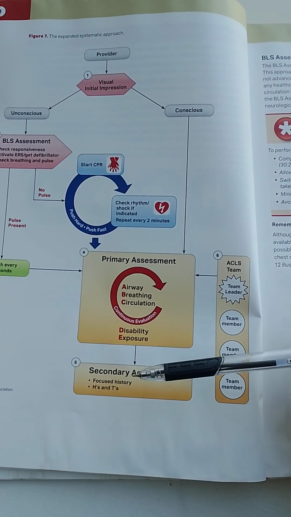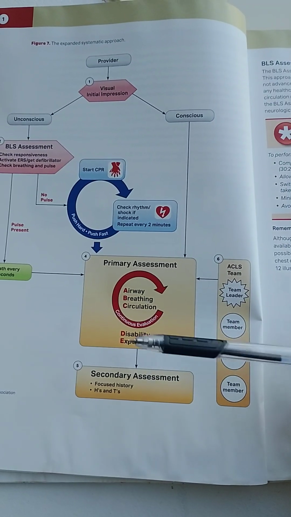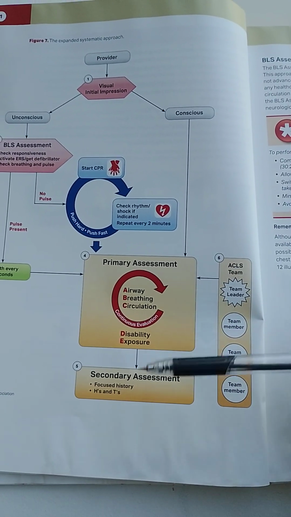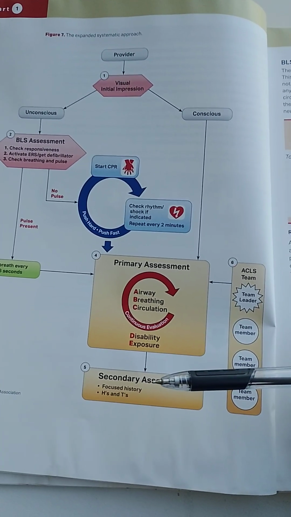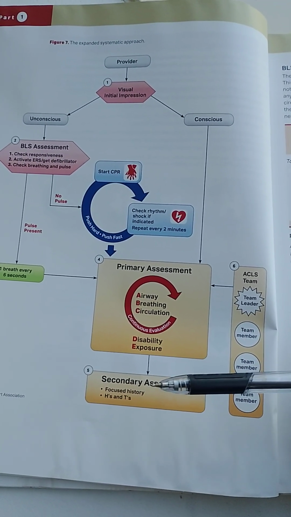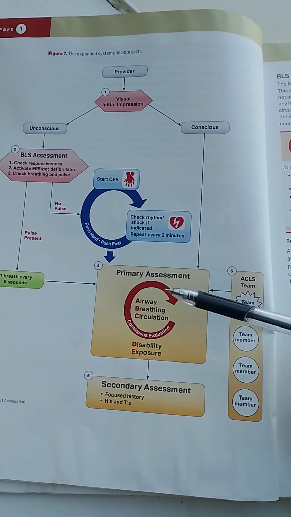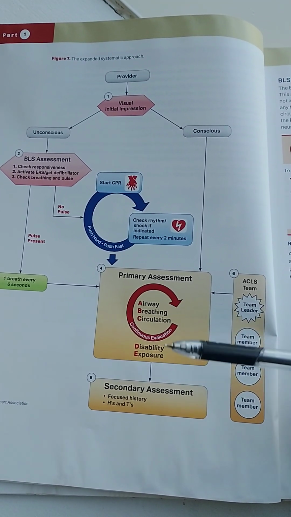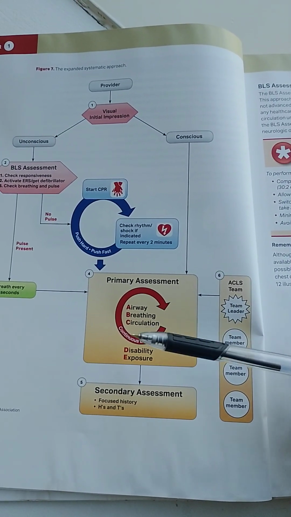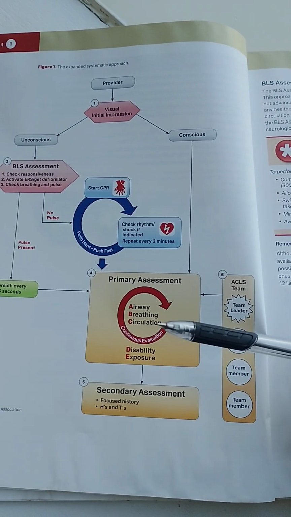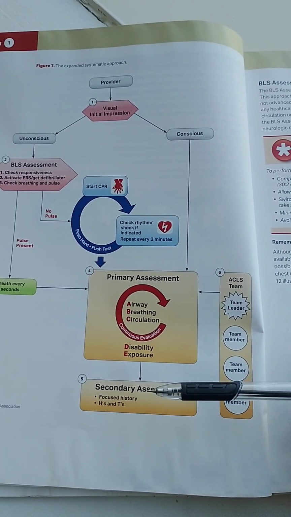If the patient is conscious, we will ask the patient about the past history, the medical and surgical history, like whether he has diabetes, hypertension, thyroid, hypothyroid, hyperthyroid, or what the previous history was. And in the surgical history, what surgeries he has had before. All these things we will ask the patient.